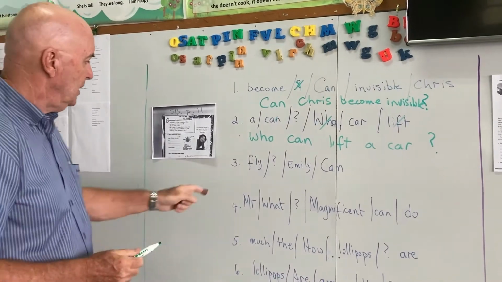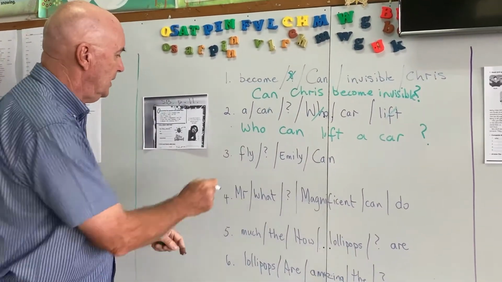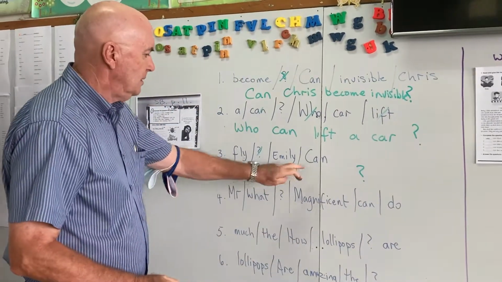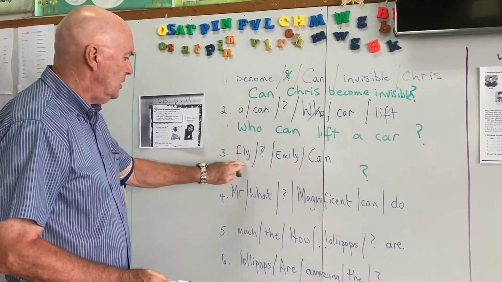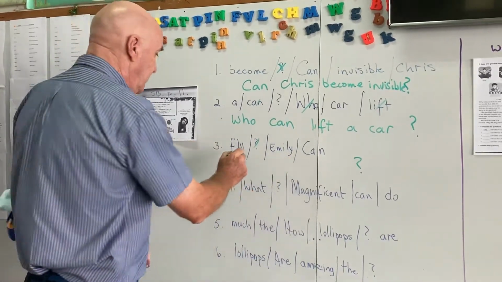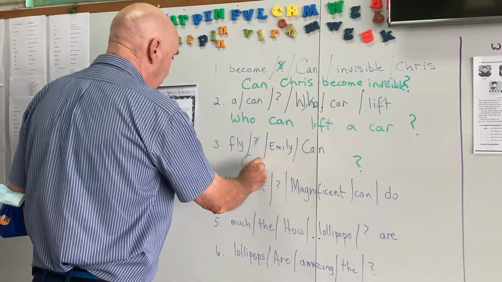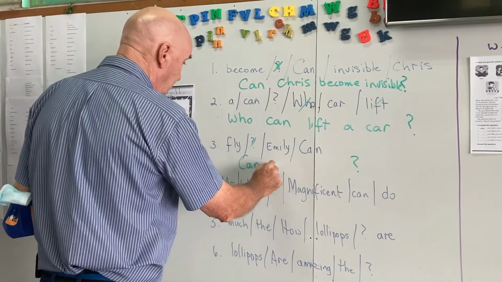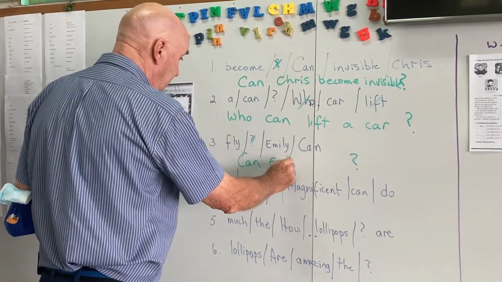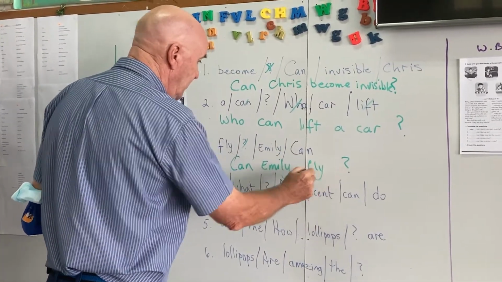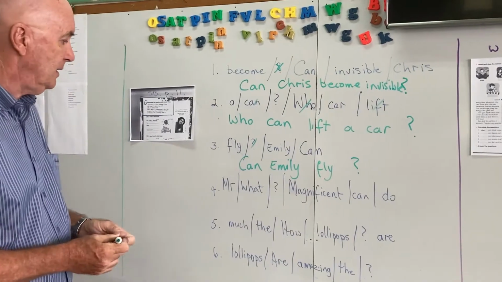Okay? Number 3. Again, look, question mark goes at the end. No WH question word, so can must come first. So can, and then who's the subject? Who are we talking about? Emily. And our verb, what is she doing? Fly. Okay?